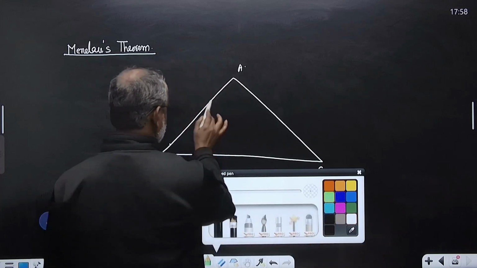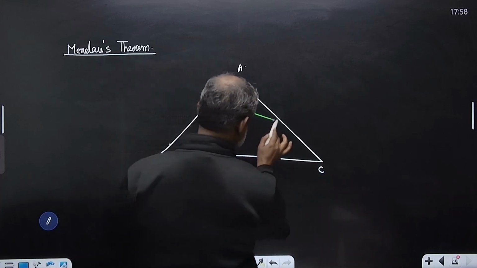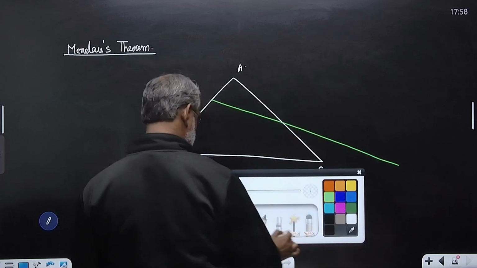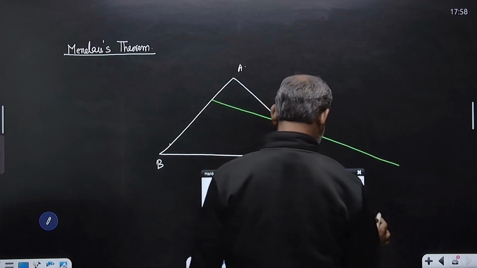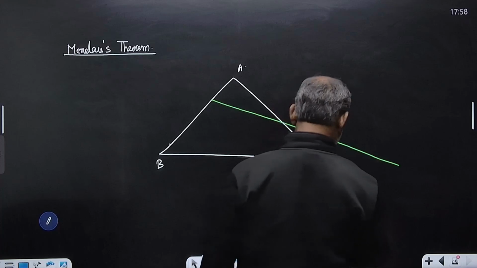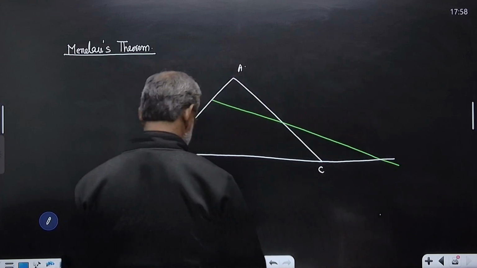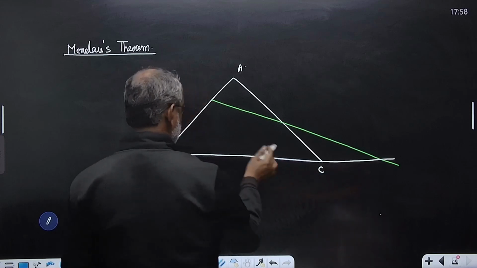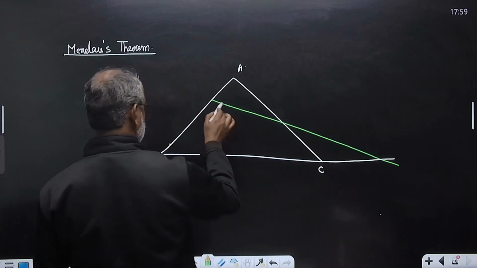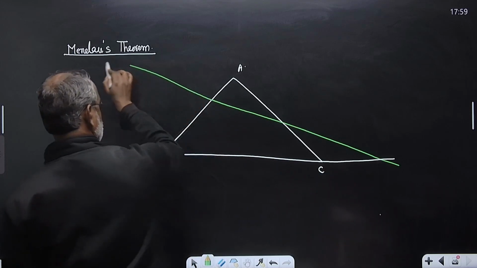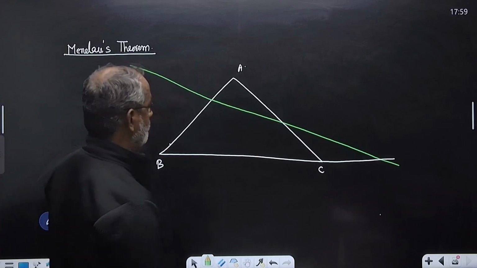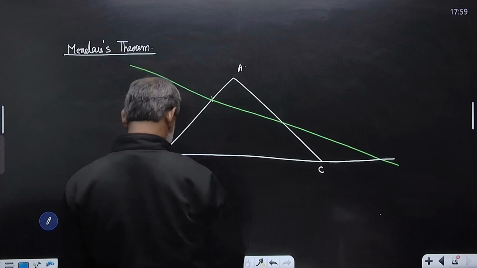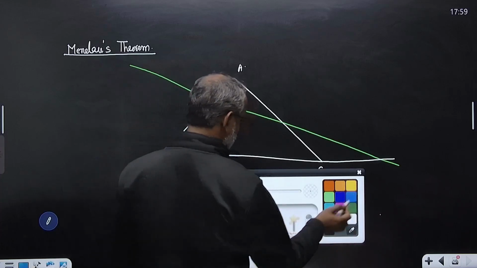Suppose you draw a transversal which cuts the three sides. Let me use a different color.